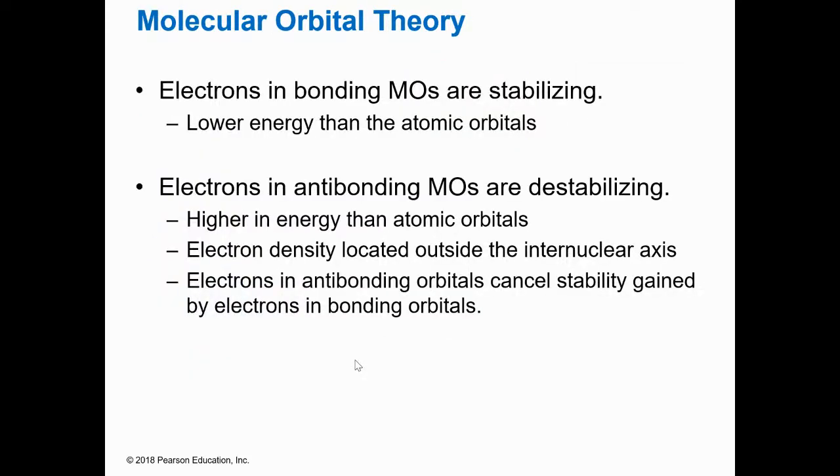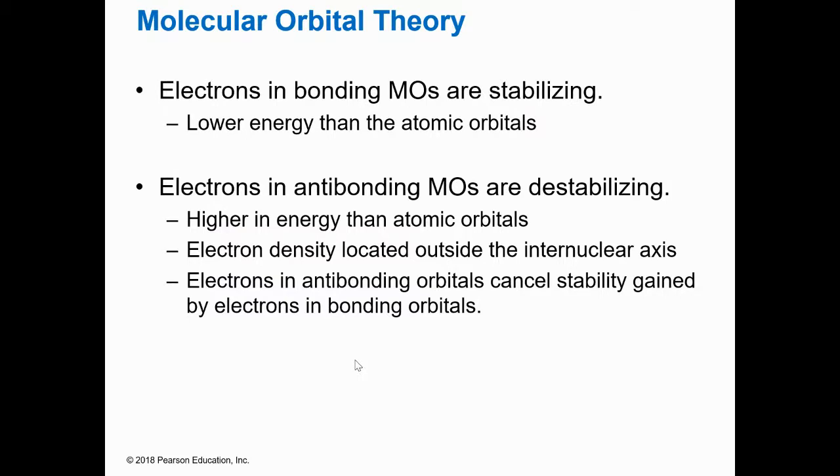So when we talk about electrons stabilizing, it's much easier for them to first go to the lower energy orbitals, and only go to the higher energy orbitals when they're forced to because there's nowhere else to go. That's going to require energy in.